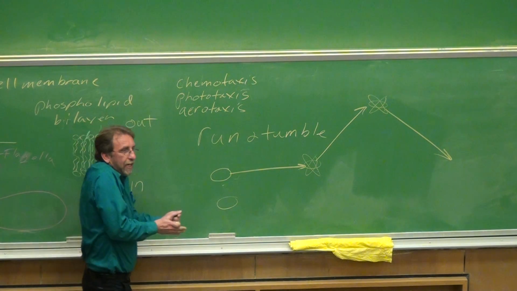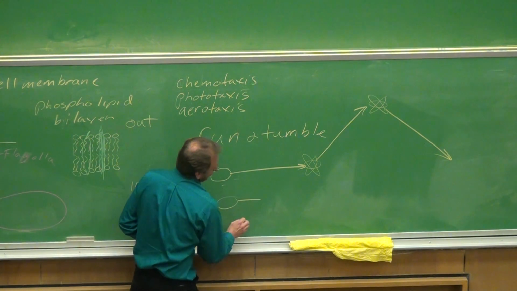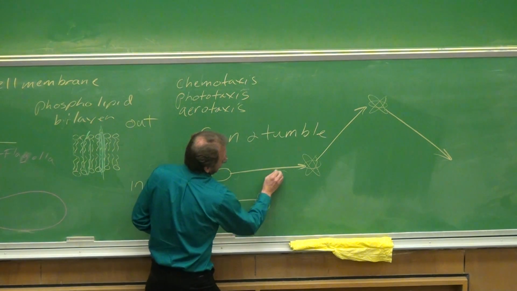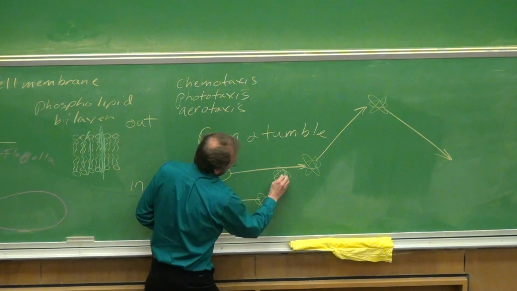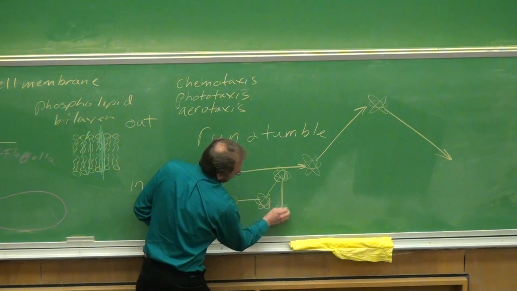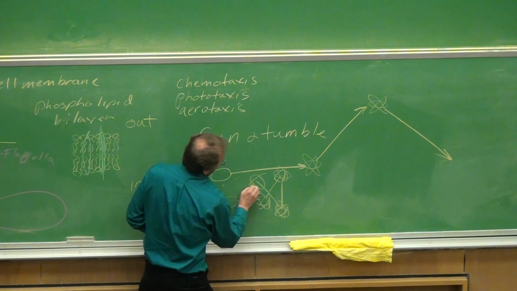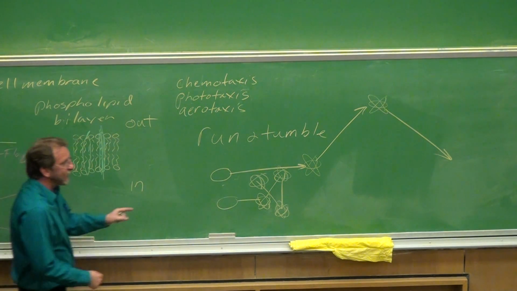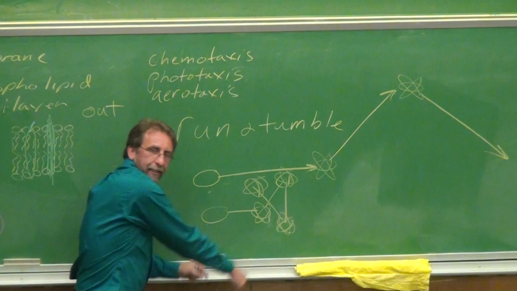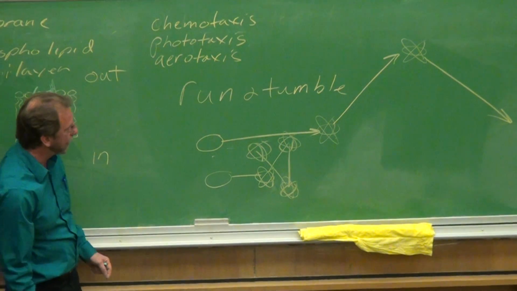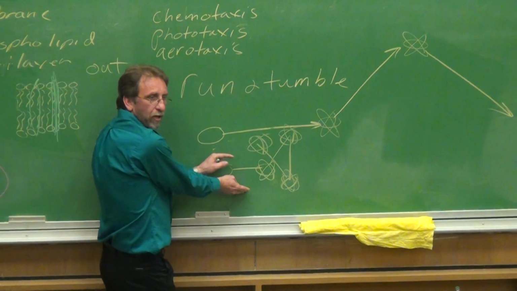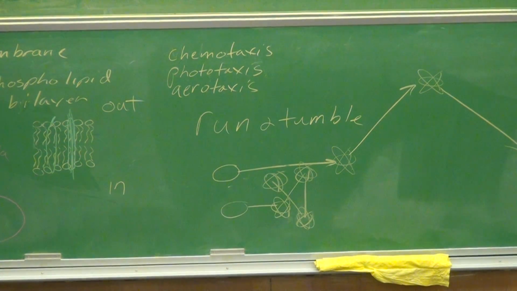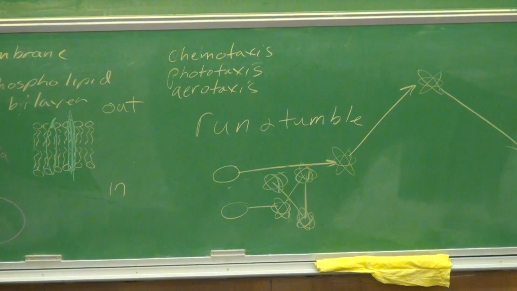It reduces the size of its runs, so it runs a little bit, tumbles, runs again, tumbles, and because it reduces its runs, it has a tendency to stay in the general vicinity. So if the sugar was good here and it wanted to stay, it would increase its frequency of tumbling and reduce its run, so that it can stay in that area.